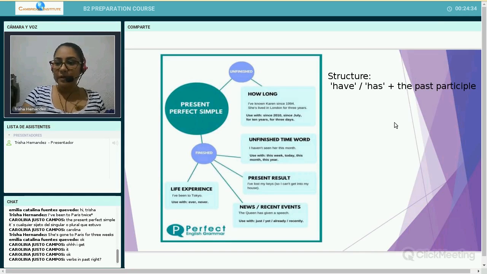The past participle is the form that we're going to use here, not only the past.